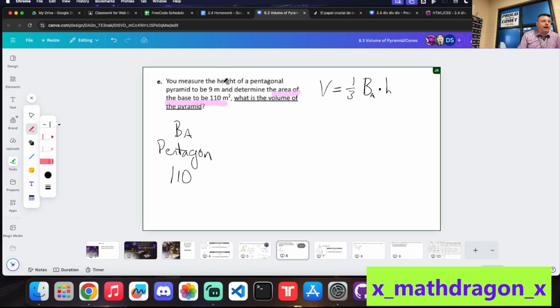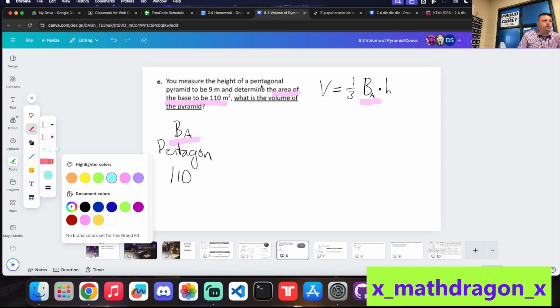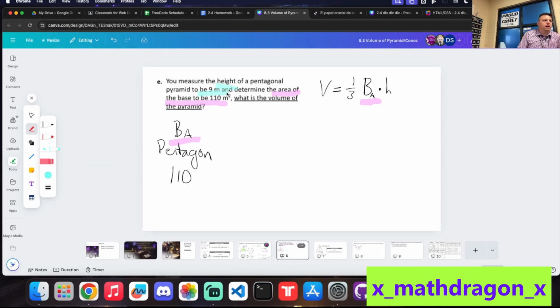And the height, so this is the base area. Then they tell us the height is 9 meters. So we have the 3D height, h, to equal 9.